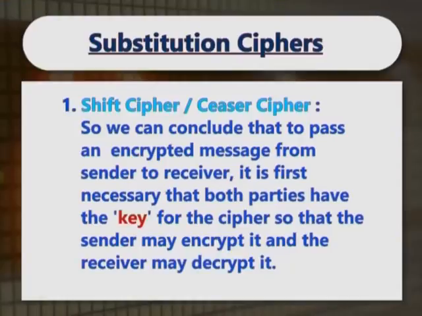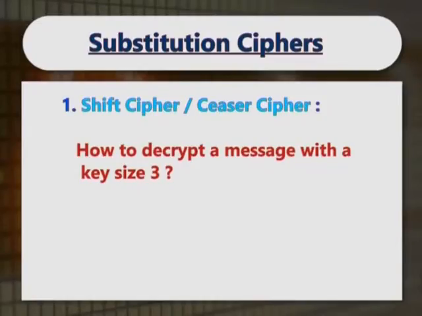So, we can conclude that to pass an encrypted message from sender to receiver, it is first necessary that both parties have the key for the cipher, so that the sender may encrypt it and the receiver may decrypt it. For Caesar cipher, the key is the number of characters to shift the cipher alphabet. Now, let us see how to decrypt a message with a key size 3.